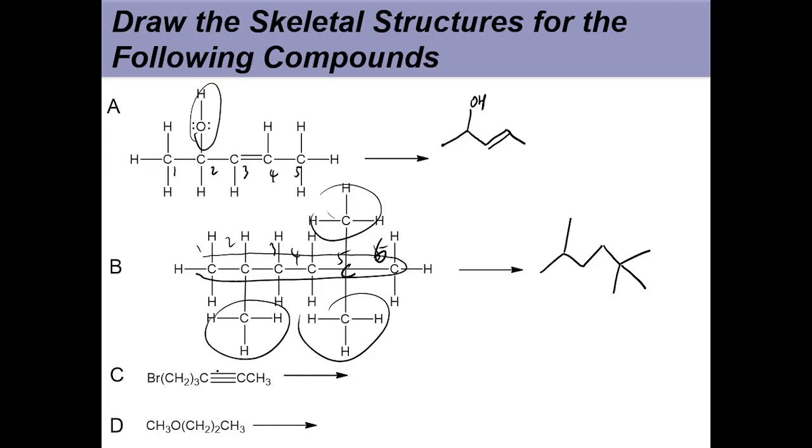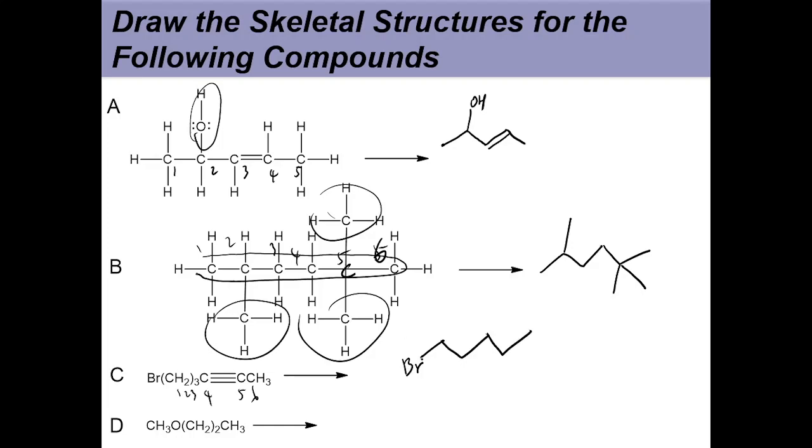Number 3, you can see there's a bromine, and there are 1, 2, 3, 4, 5, 6 carbons. So there's a bromine attached to the 6 carbon chain.